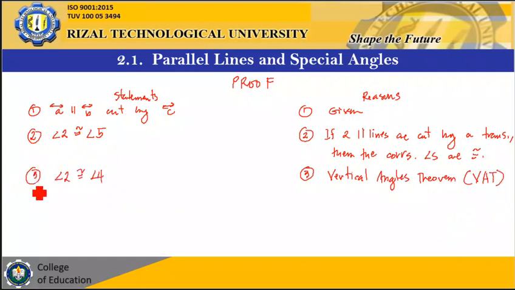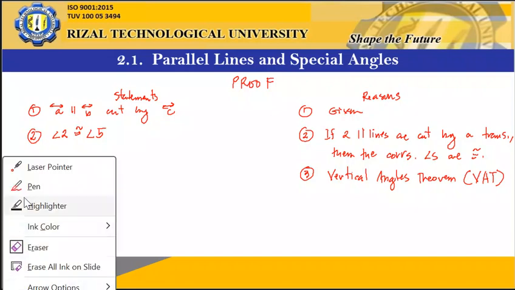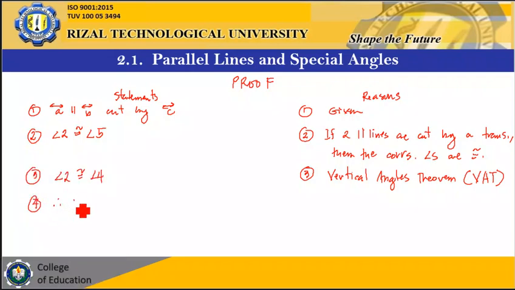And you can see already that angle 4 can already conclude that angle 4 is congruent to angle 5.